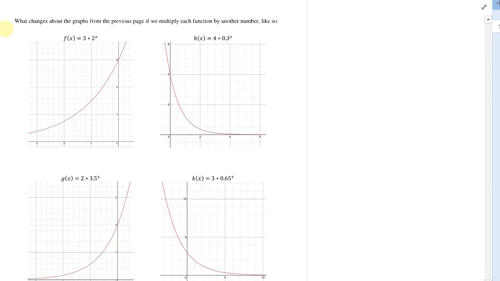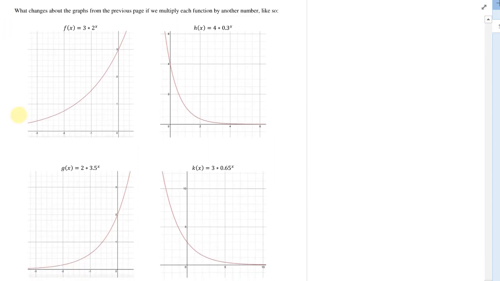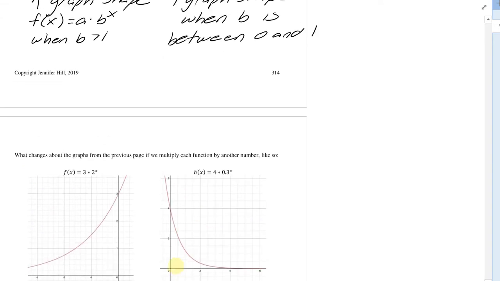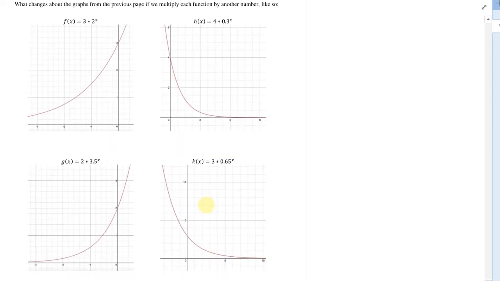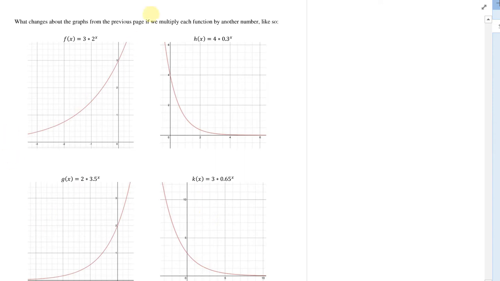And then the other thing I wanted to do here is show you what happens if I multiply those graphs by a number. Notice, if you compare this page to the previous one, the shape didn't actually change, right? These still go this way, these still go this way. You might have to take a moment just to flip back and forth between the two pages to see this. But the one thing that is changing has to do with these numbers here.